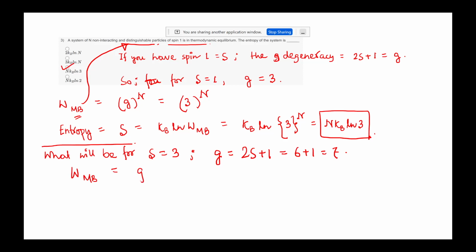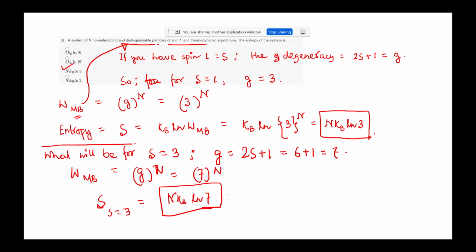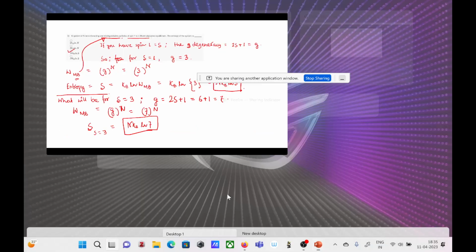Then we can write G to the power n, 7 to the power n, and the entropy for S equal to 3 will be n Kb ln 7. Okay, quite simple, right? Got my point?